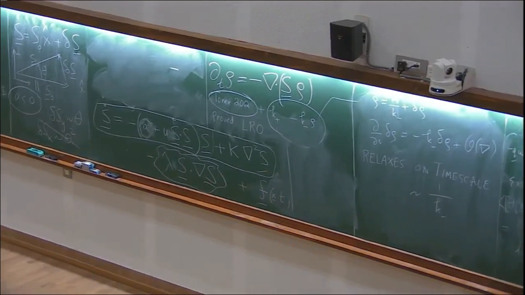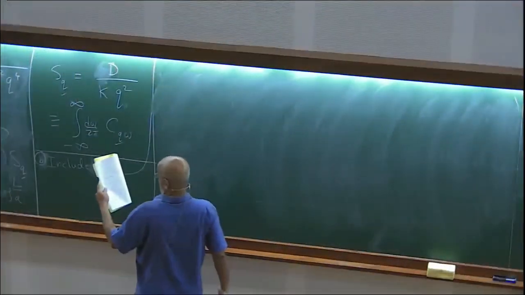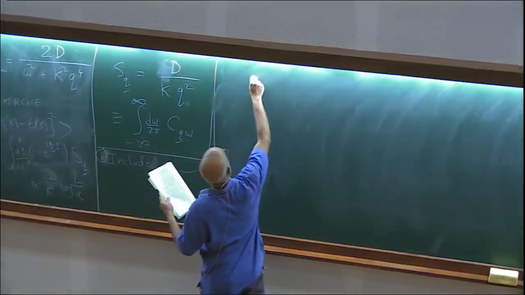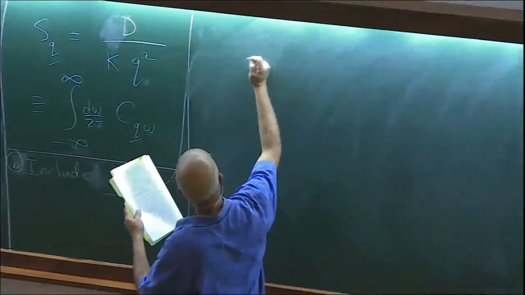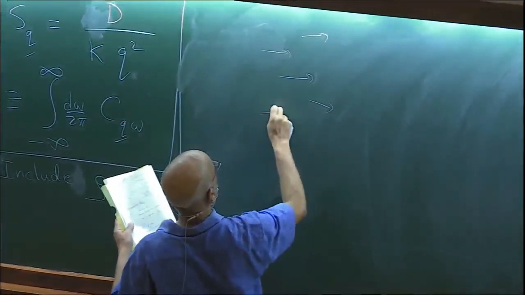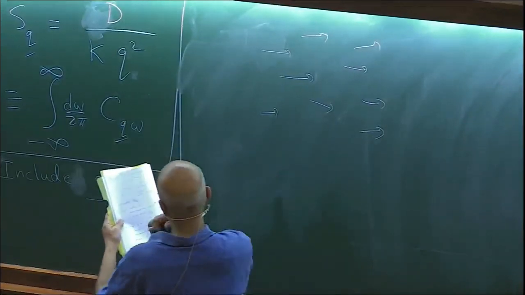It's interesting to see how it happens, and let's see if I'm able to convey it. Let's see if I can do this, okay? So let's say you've got a bunch of spins. You've got a bunch of these birds or whatever, spins or whatever you want to call them.